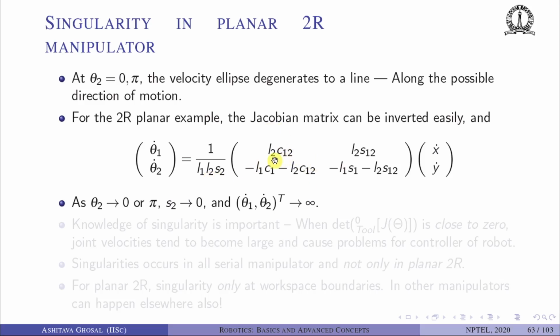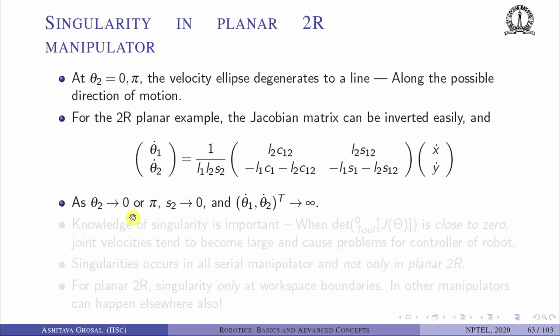The elements of the matrix are L2 C12, L2 S12, minus L1 C1 minus L2 C12, minus L1 S1 minus L2 S12, multiplied by x dot, y dot. So I can find theta 1 dot is something into x dot divided by L1 L2 S2. That is the important part. Theta 2 dot is also divided by L1 L2 S2.